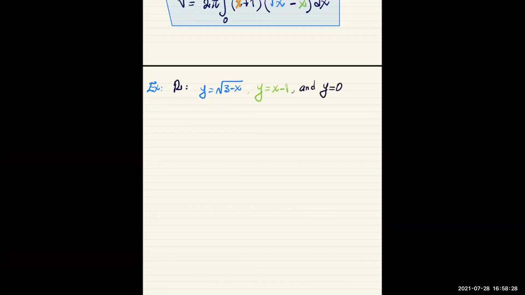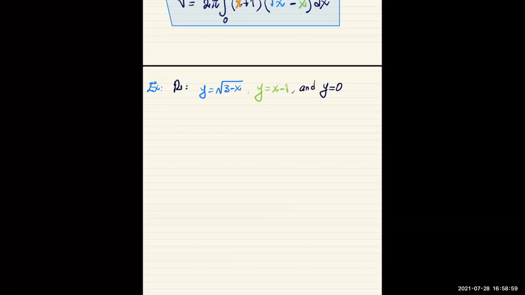So this is our region. The most important thing is that you draw the region and make sure you draw it correctly. Otherwise you won't know where they intersect, where the bounds of integration are, which is the top function, the bottom function, the right function, or the left function. All of that really matters.